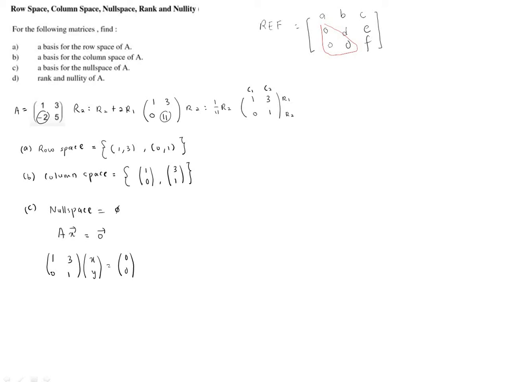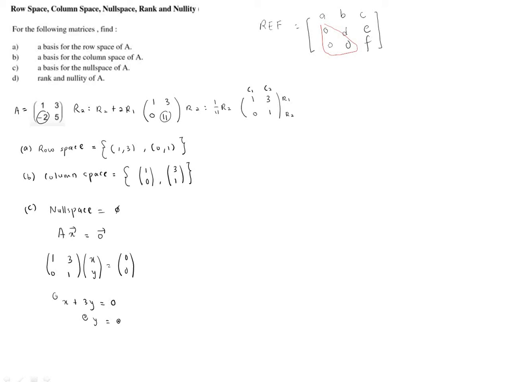Change into equations. So from the first row, 1 multiplied by x, 3 multiplied by y, we get x plus 3y, and this will equal 0. That is the first equation. Second equation, 0 multiplied by x, so 0, 1 multiplied by y, so for the second equation we only have y equals 0.